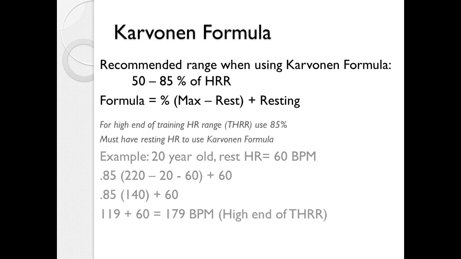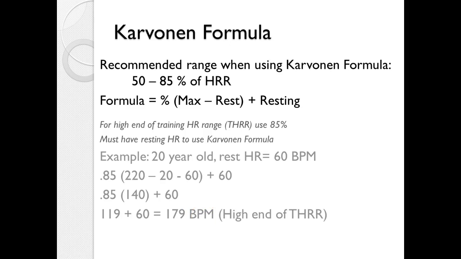For the high end, you do the same formula using 85%. So 220 minus age gives us 200, minus their resting of 60 would bring us to 140, times 85% is 119, and again the final step is add that 60 back, which would bring us to 179 beats per minute, or the high end of their training heart rate range.